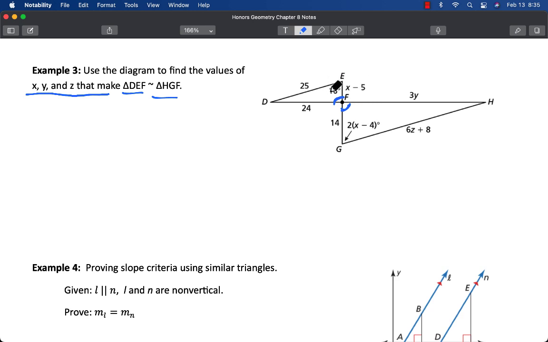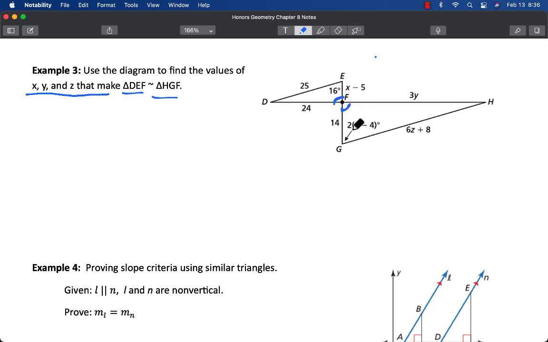If these triangles are similar, then by side-angle-side, these triangles will be similar. So this side DF must be proportional to this side FH. Side FG must be proportional to side EF. And finally, side GH has to be proportional to side DE.